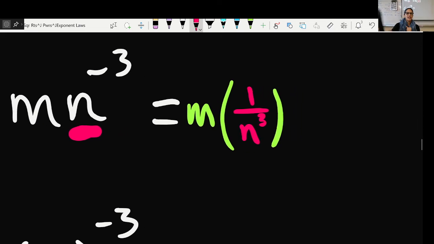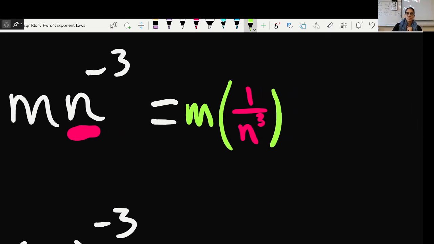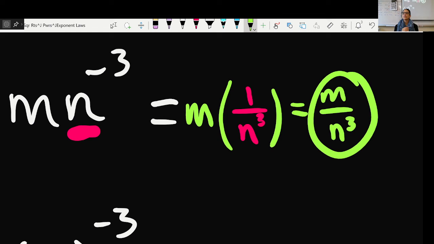And then if we want to deal with that, what's the best way for us to give that answer? If it's m times 1 over n cubed, do you see I could multiply the m and the 1? So we could say m over n cubed. Questions?